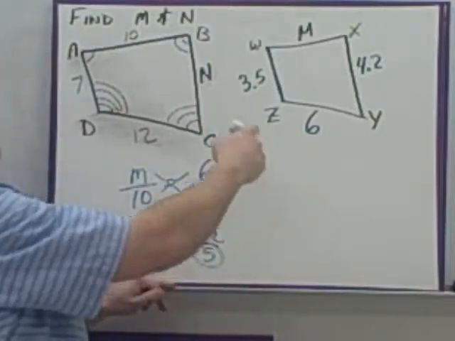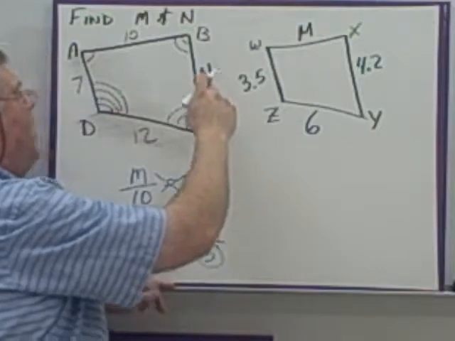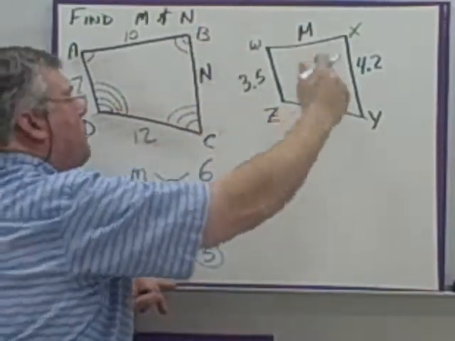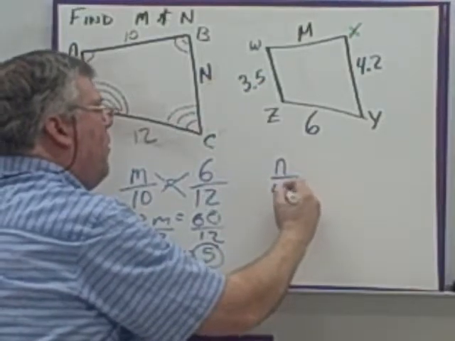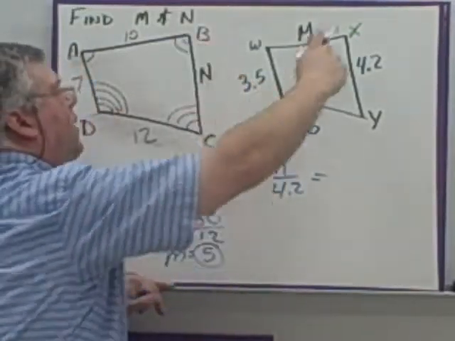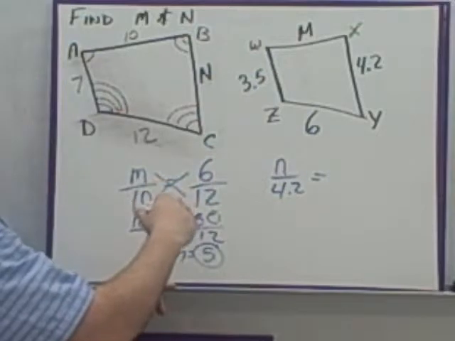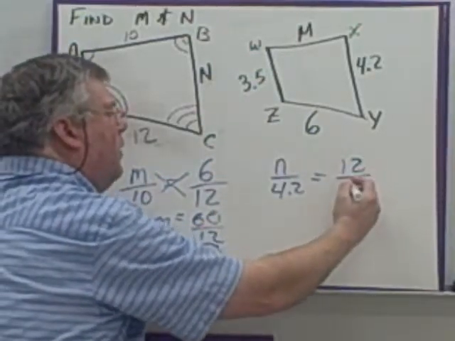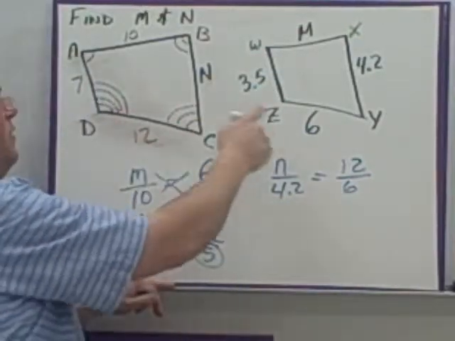Now, to find N, let's keep this to the top. Let's do big to small. I'm going to do N over 4.2. This edge over that edge is going to be equal to, let's work with that same 6 and 12, only now I'm going to put it 12 over 6, because big to small.